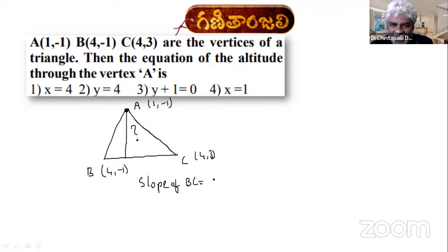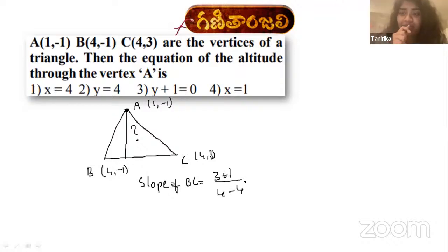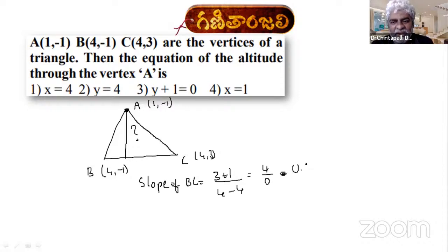That is 3 plus 1 by 4 minus 4, which is 4 by 0. Undefined, right? The opposite of undefined is 0.